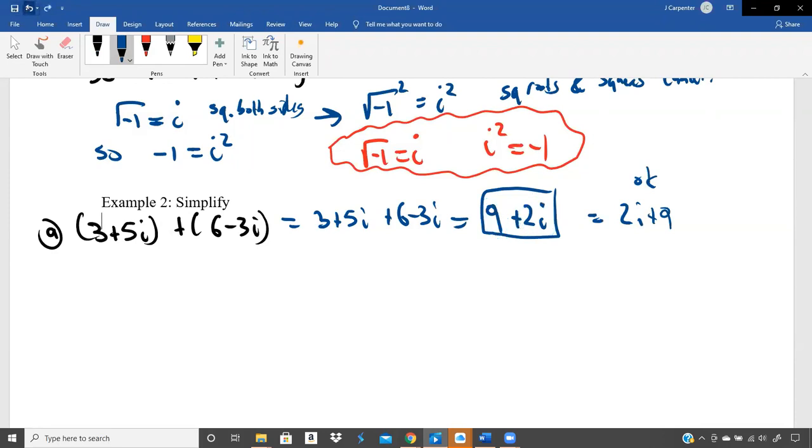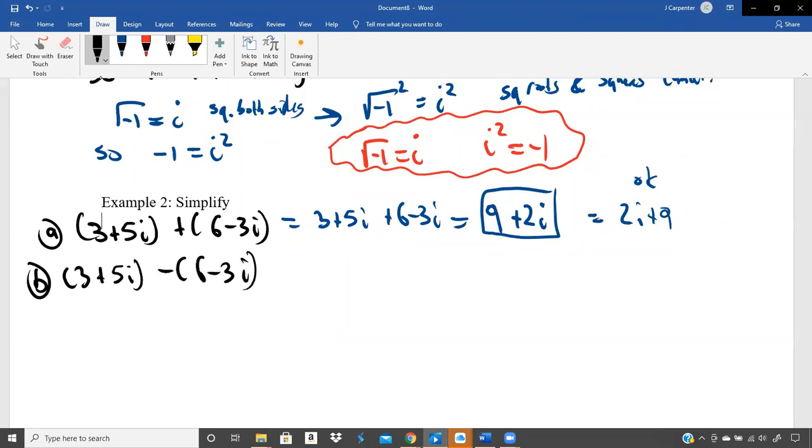Again, it is not wrong to write 2i plus 9. That's why I said this is okay. It's just better to write 9 plus 2i, real then imaginary. And again, don't get caught on that idea of imaginary numbers. We will show you eventually why they're named imaginary.